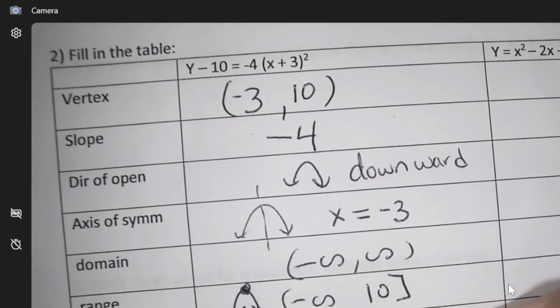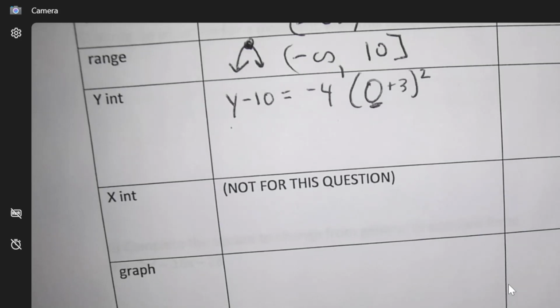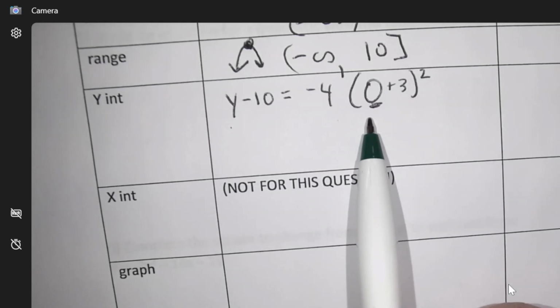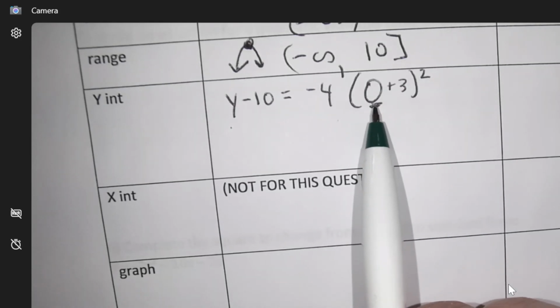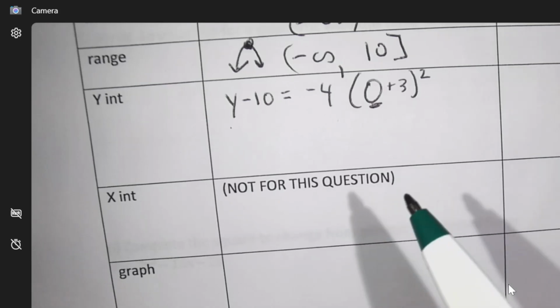Y-intercept. So the y-intercept means make x 0. Make x 0 and see what happens. So you got to do your math. Make sure you follow BEDMAS. Do the bracket, then exponent it, then times it, then move the number, add, subtract.